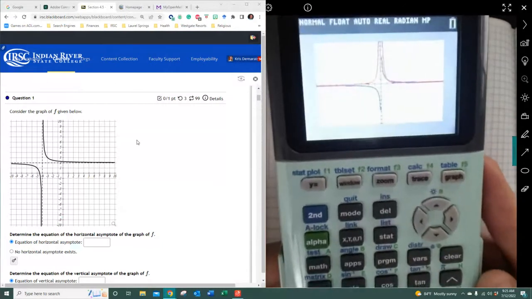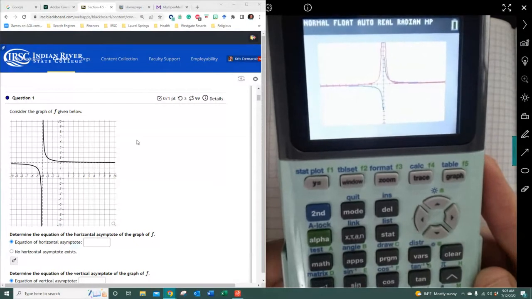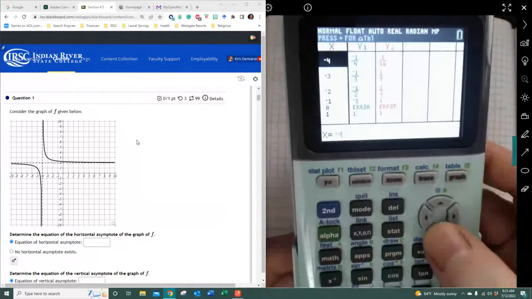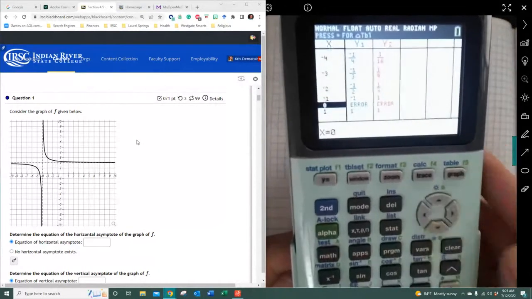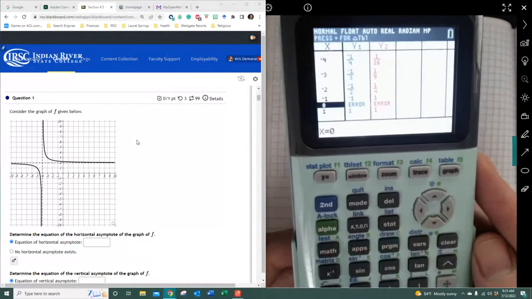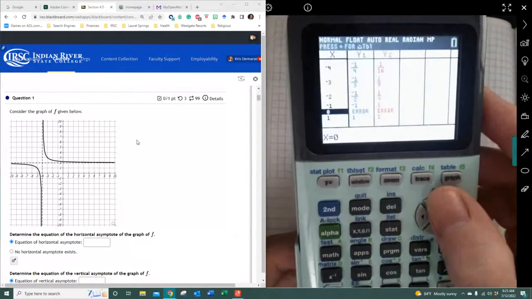They are following this concept of vertical asymptote. Now, if you go ahead and press second graph, you can see that if you entered 0 in for x, it would be an error for both of them because you can't divide by 0. So that's why that is.